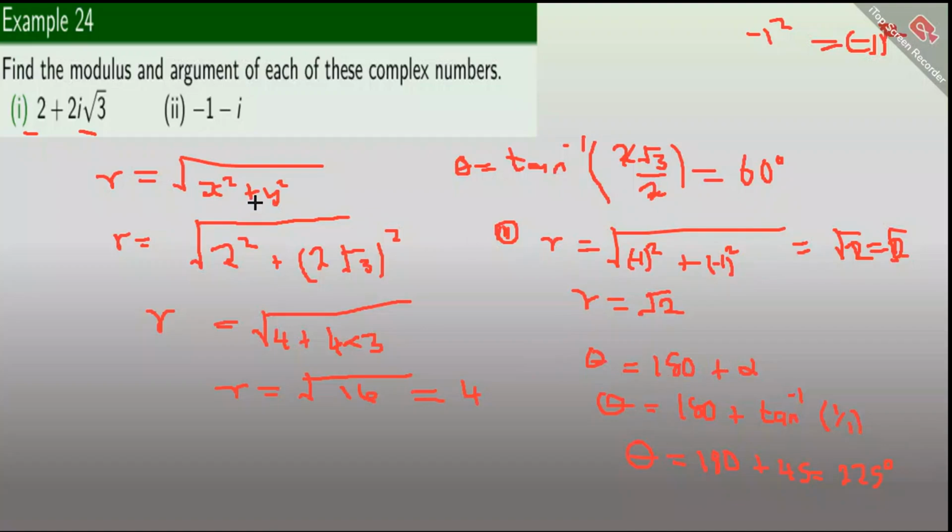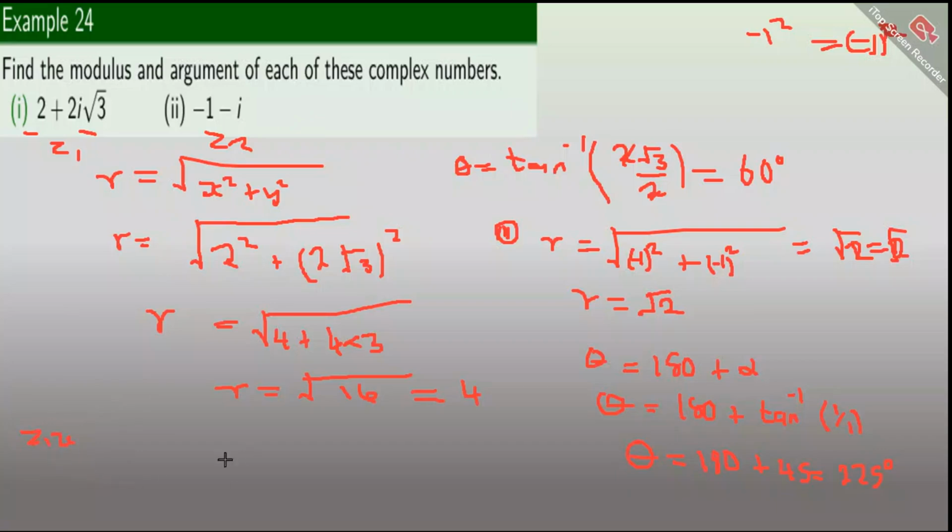Now the question said, what if we multiply the two complex numbers? So suppose this is Z1, this is Z2. What do you get when you multiply Z1 times Z2? It's actually very simple.